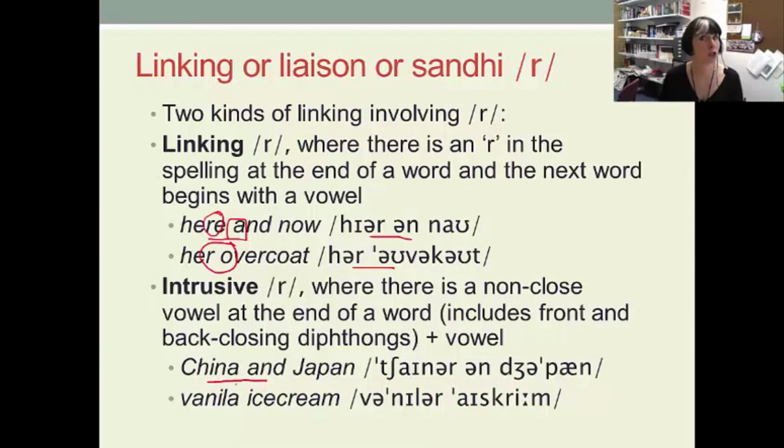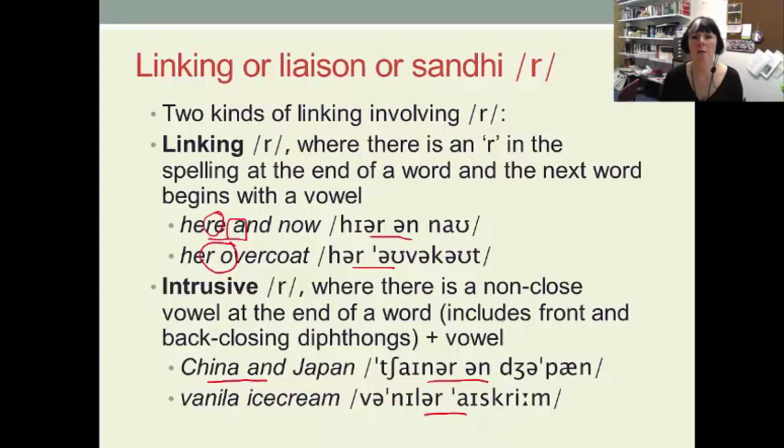I can say China and Japan with a glottal stop. But also I can have an intrusive R in there. No R in the spelling, but I've put it in. China and Japan. Vanilla ice cream is another example. This sounds really odd to anyone who has a rhotic accent. You just wouldn't do it because there's no R in the spelling.